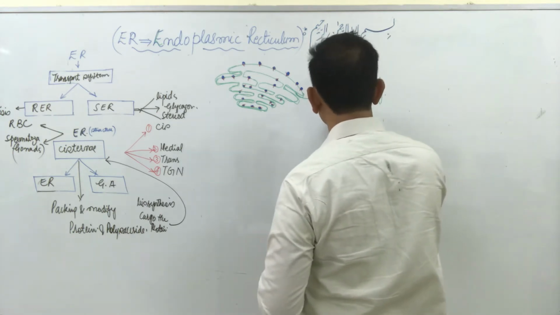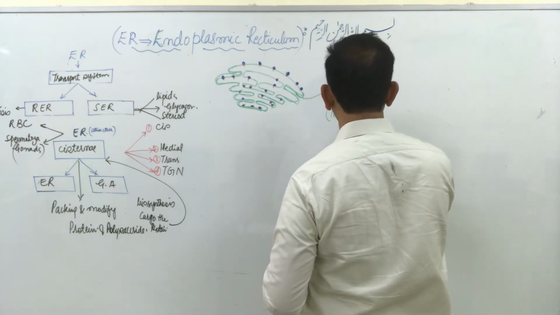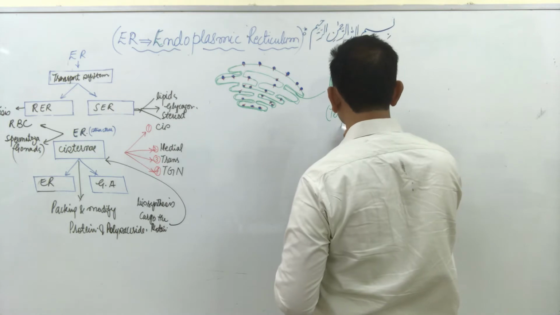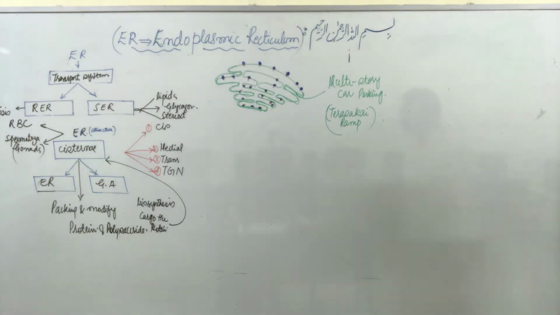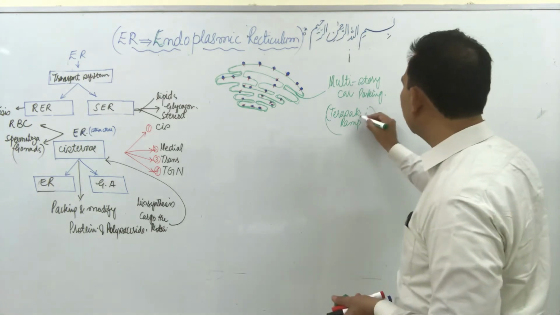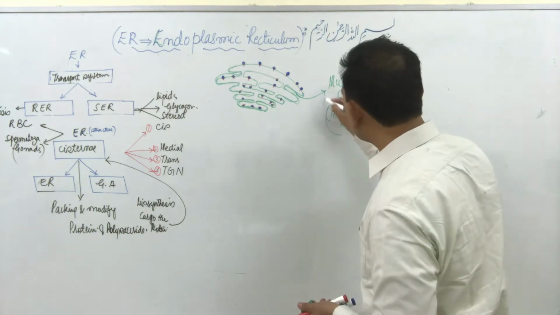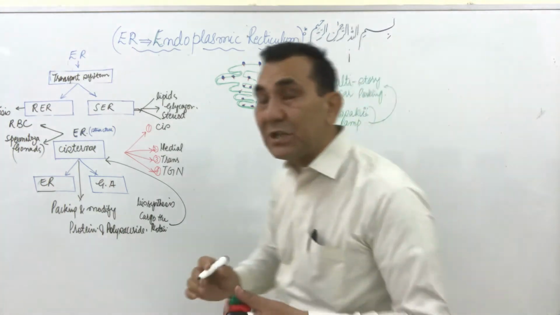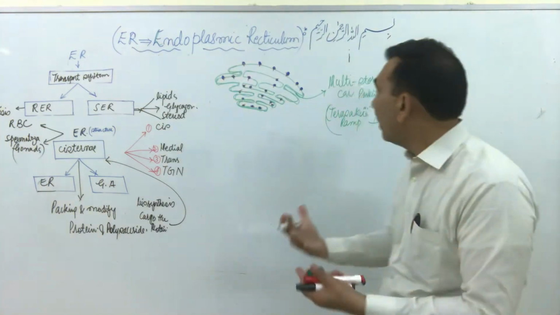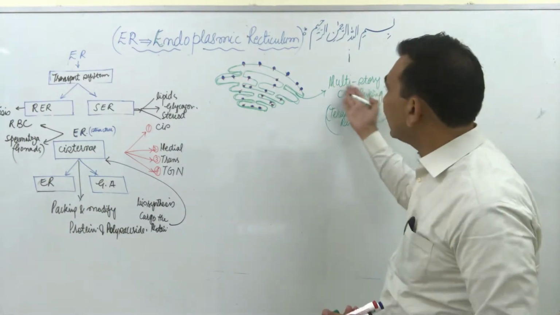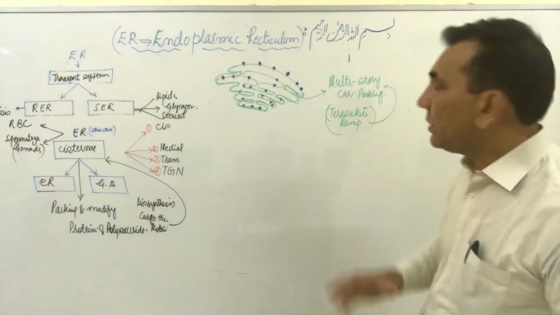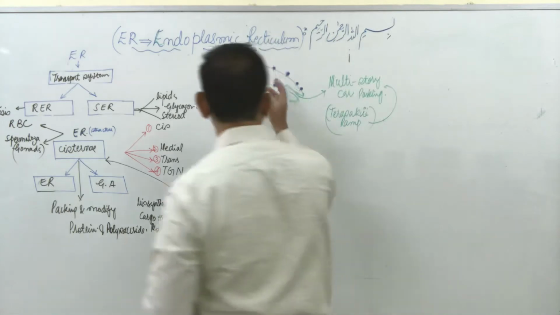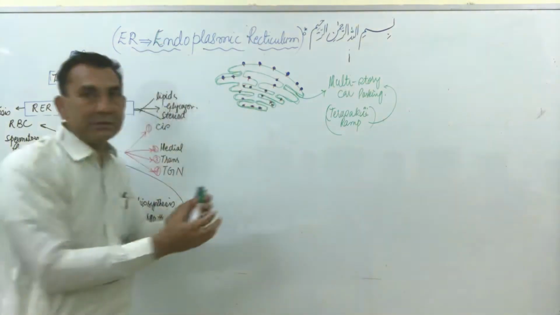That's called the Terasaki ramp, and this Terasaki ramp just gives the visual view of the structure, like a multi-story car parking. Due to this multi-story car parking structure, the protein synthesis is manufactured.